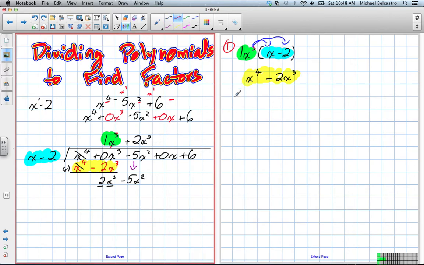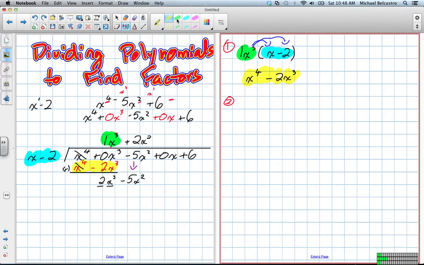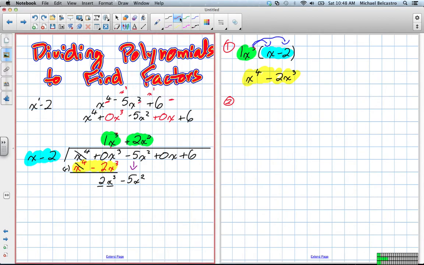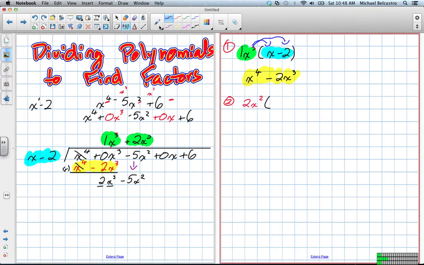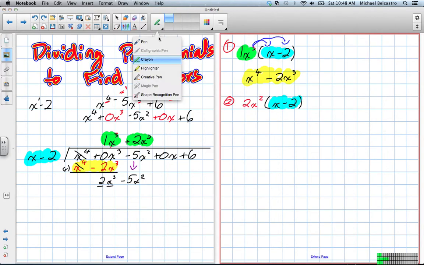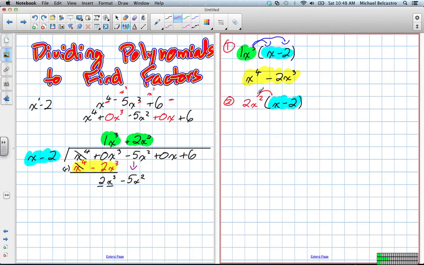So our second calculation, we're going to take this 2x squared, and we're going to multiply by the exact same thing again, which is our x minus 2, because that's what we're dividing by. We always multiply it by that there. Okay? So the distributive property says when I multiply this, I end up with 2x cubed minus 4x squared.